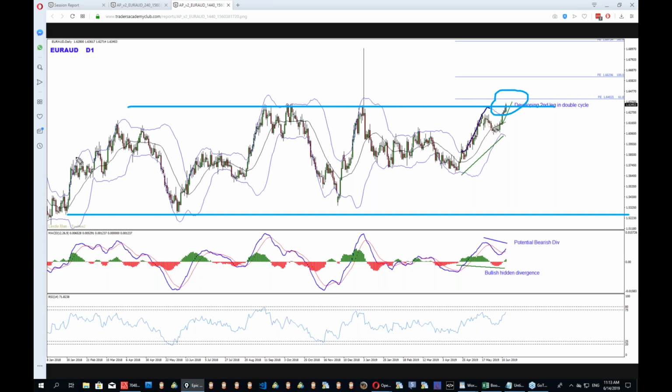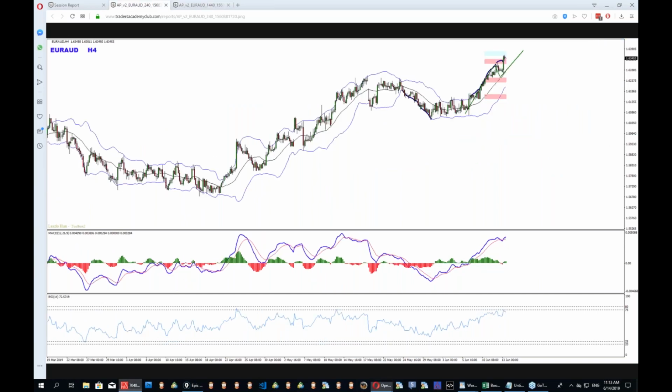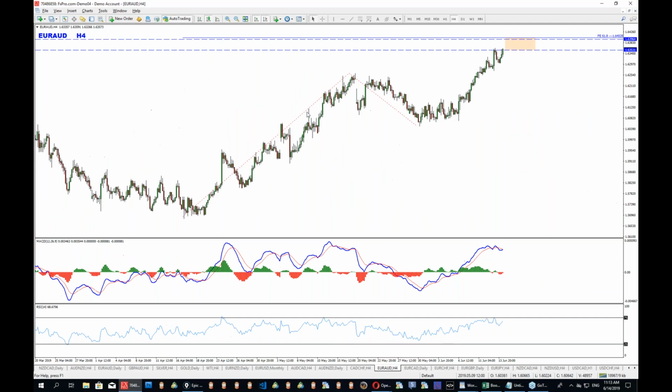Our idea is to look for sells. I wanted to see at least this zone holding, pushing upwards, going to this level, and then sells. This is exactly what we got. And now it's time to start looking for the actual sells.